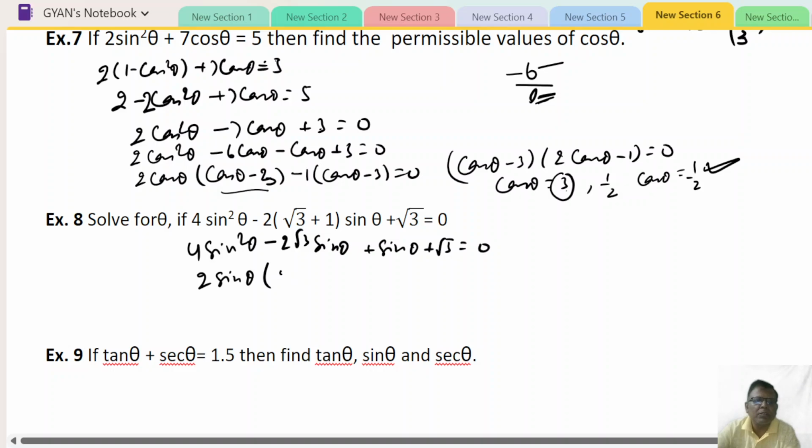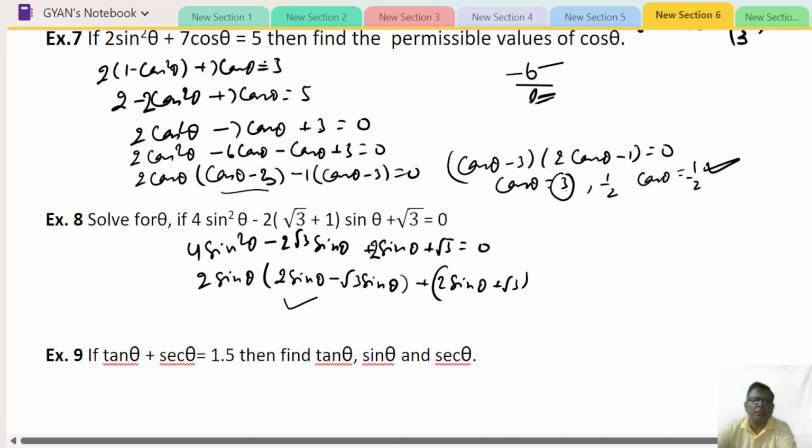Then here 2 sin theta minus root 3. Here 2 root 3 and 2, so here will be 2 sin theta plus root 3.